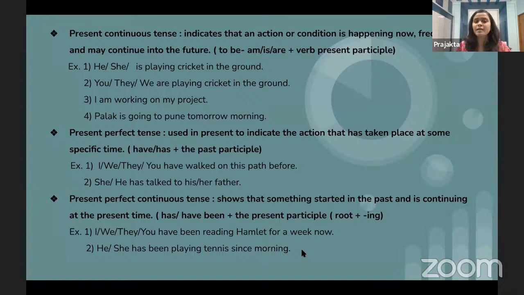Okay, exact time is not given. Okay, but still their actions are going on. They have not stopped their playing tennis. They have not stopped their actions. So that is called present perfect continuous tense. मतलब एक समय पहले उन्होंने शुरुआत की थी, कुछ वक्त बीत चुका है और अभी भी वो एक्शंस जारी है.